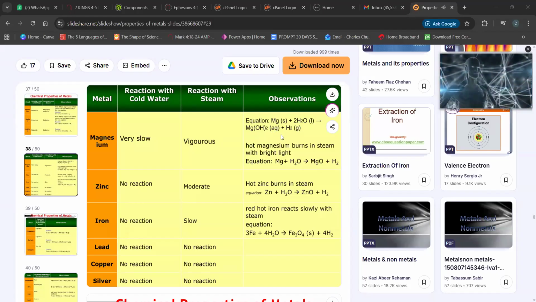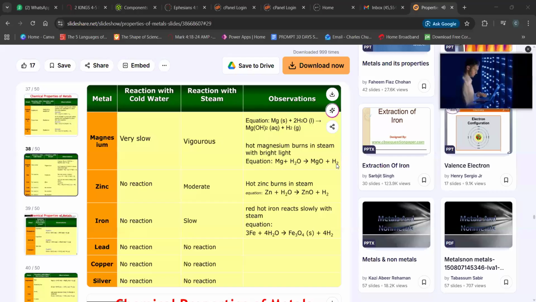Magnesium hydroxide plus hydrogen gas. But when it's hot magnesium, in other words you heat up the magnesium and combine it with steam, both the magnesium and the water are sufficiently hot. Instead of magnesium hydroxide, you have magnesium oxide and hydrogen. Did you see the difference?